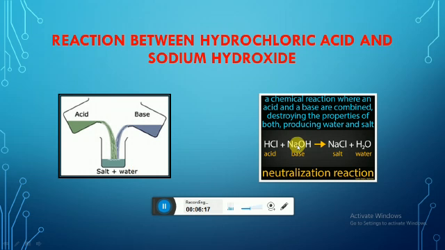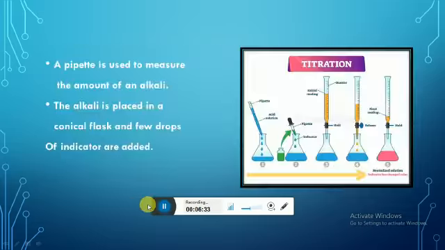Now let's discuss how the reaction will occur, through which we can understand the concentration of acid and the concentration of alkali. So in the first step, we will use a pipette to put the exact amount of acid solution in the conical flask.